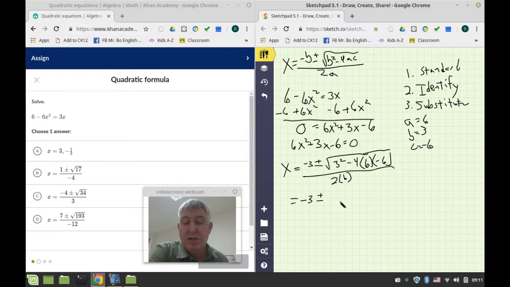Okay, so now I've got -3 plus or minus the square root. It really doesn't like that line, does it? 9. I've got a minus and a minus, plus 4 times 6 times 6, which is 144. Does that look right?